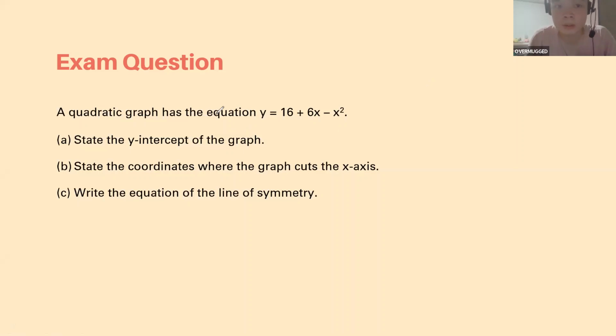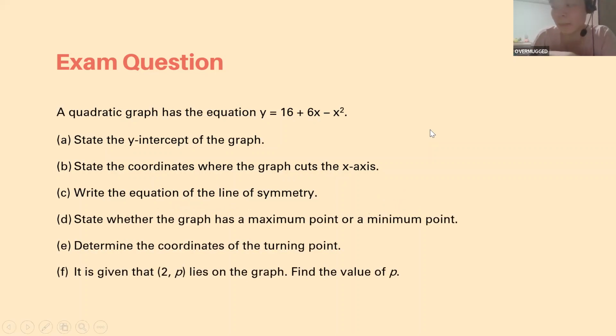Alright, so remember the equation for the line of symmetry. Do not forget to present it like this. Some extra questions that they may test. State whether the graph has a maximum or minimum.